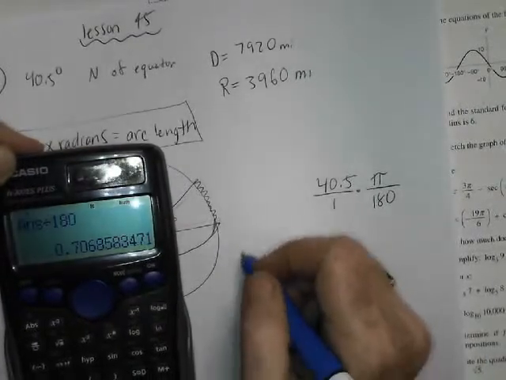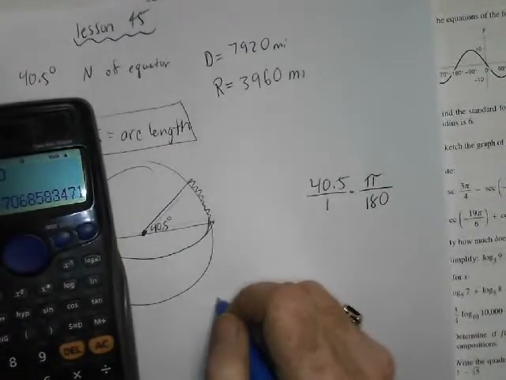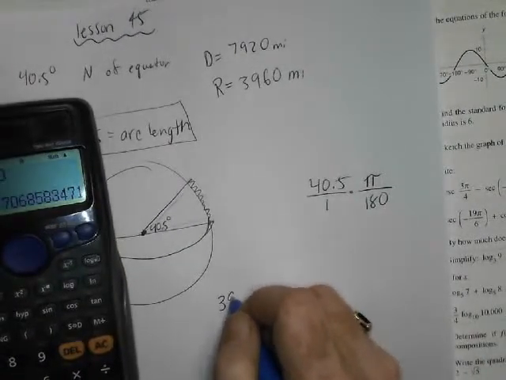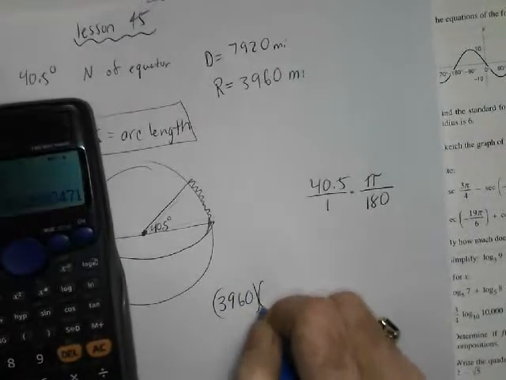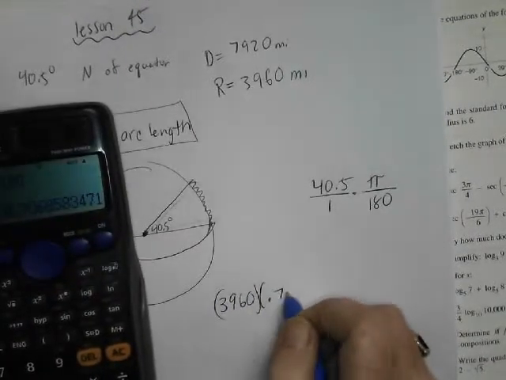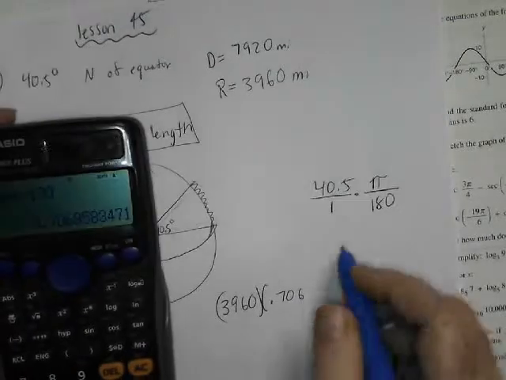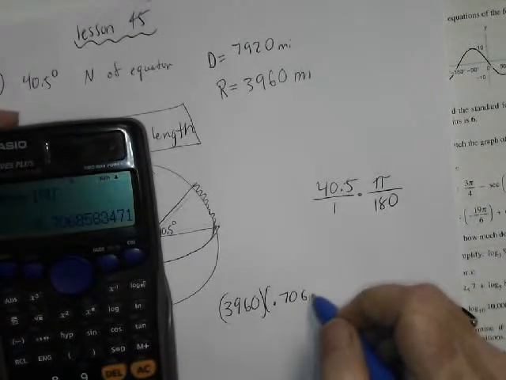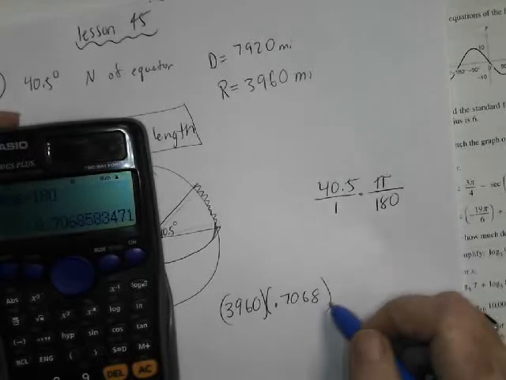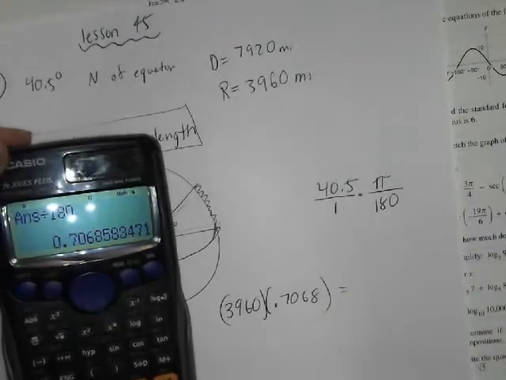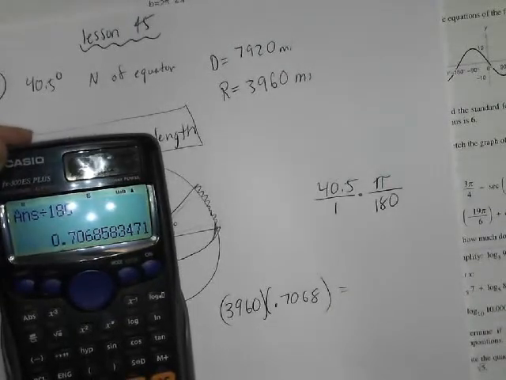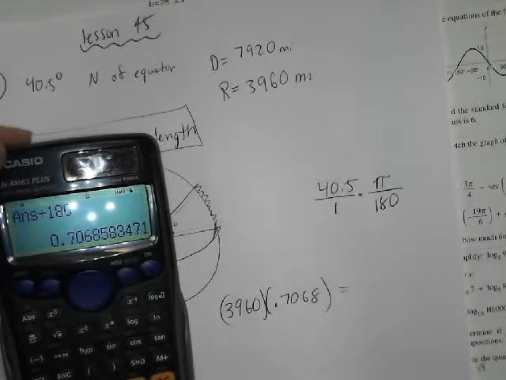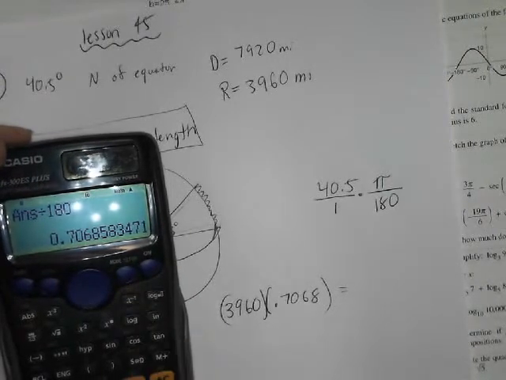So we know it's going to be radius, which is 3960, times radians. Just leave that in your calculator, guys and gals. I wrote it like that, but really I'm going to leave it in my calculator, because that's going to give me a more accurate answer. So just leave it in there and then go times 3960.